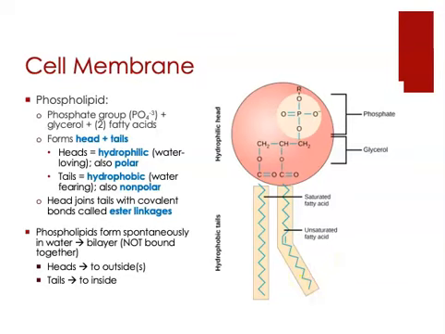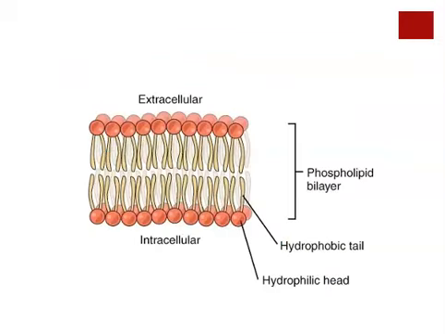Let's take a look at this structure that forms spontaneously in nature. This is a drawing of a membrane bilayer, or what you might read called a phospholipid bilayer. These are all individual phospholipids. And they have come together, again, spontaneously. You don't have to do anything to make this happen.